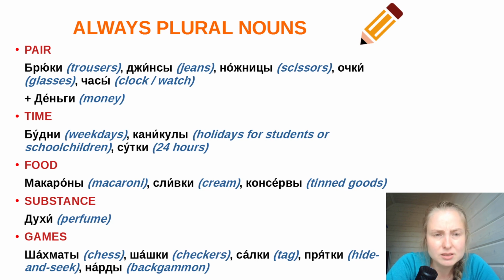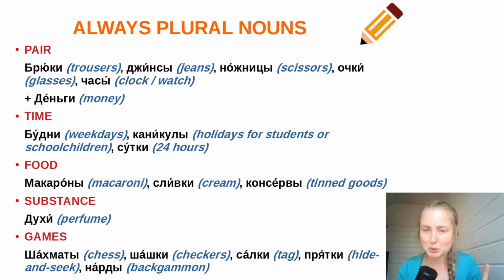And here, of course, it's not a pair, but I wrote this word in this group: деньги, money. Please be careful with this word. In the English language, we always say that money is singular, like money doesn't bring happiness, a very famous English proverb.